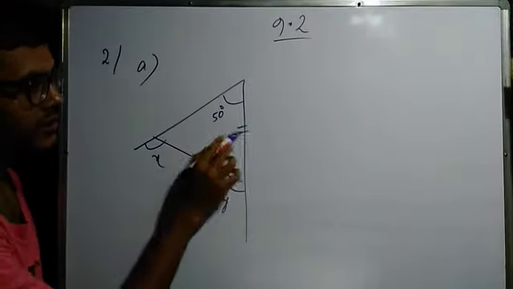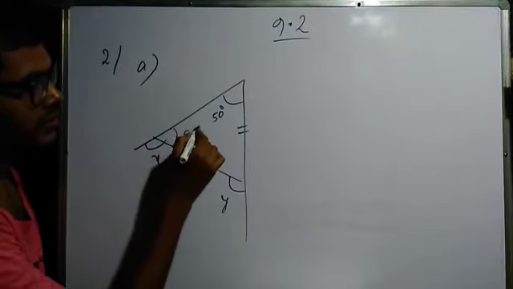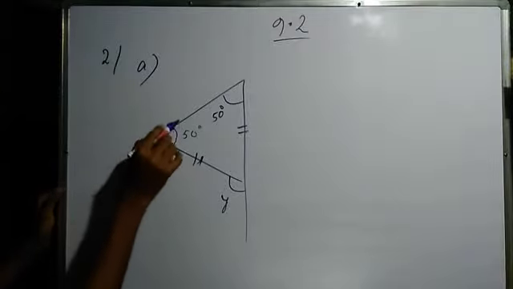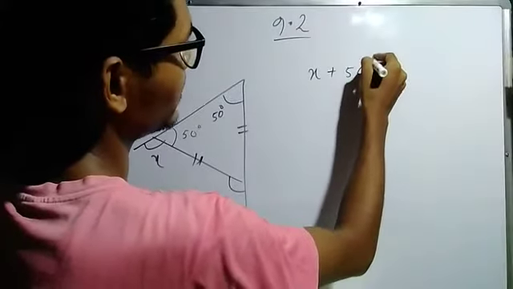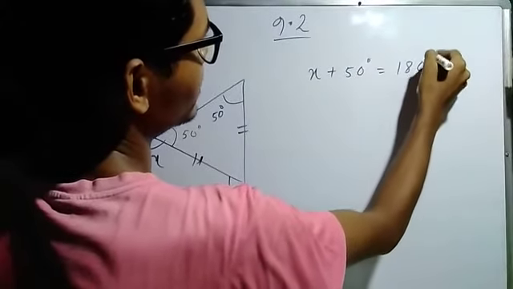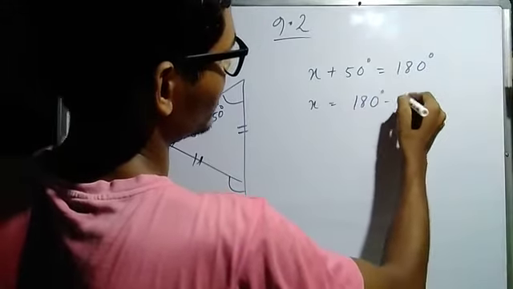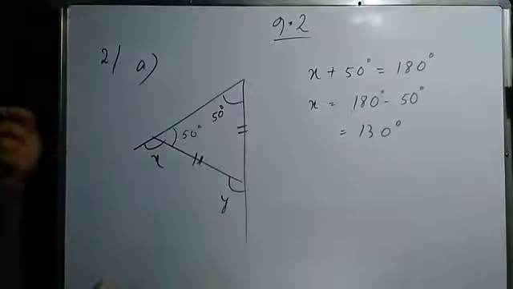The angle opposite to this side is this angle, so this one is also 50 degree. What will be x? If you add x and 50 degree, you will get this straight line. Again a linear pair. So x plus 50 degree equals 180 degree. x is 180 minus 50, 130 degree. So we got x.